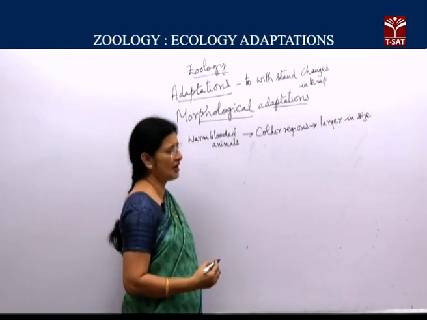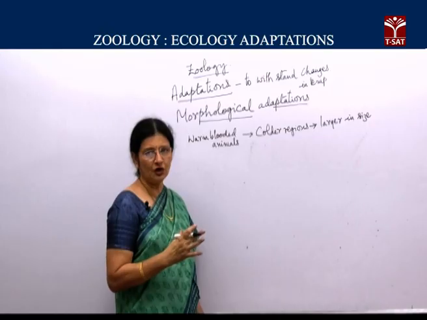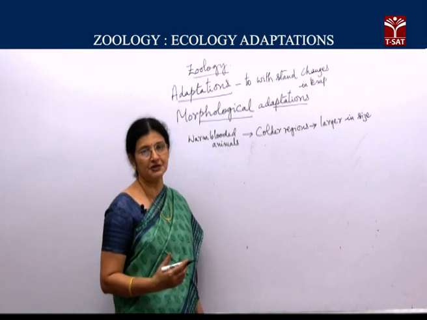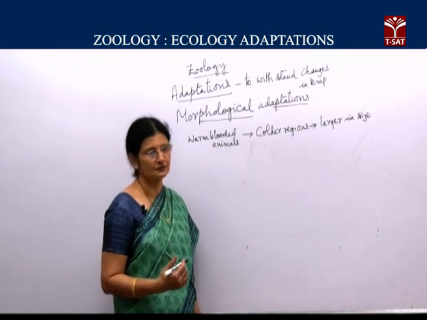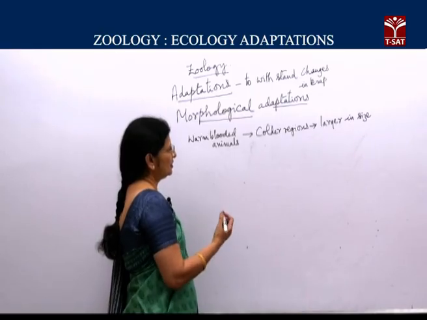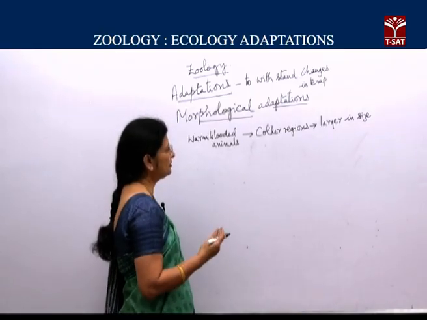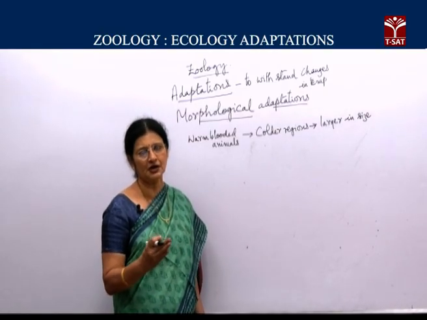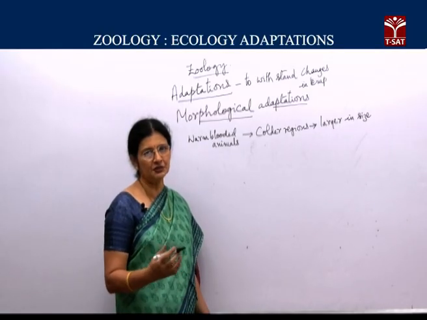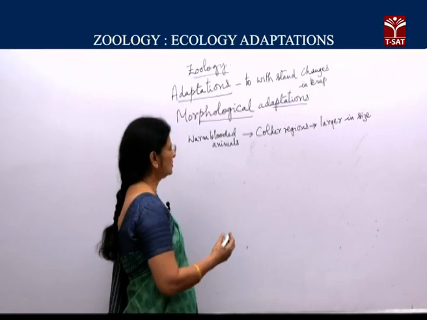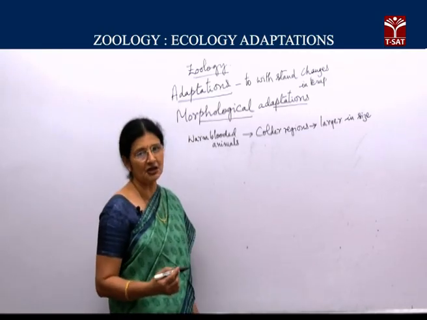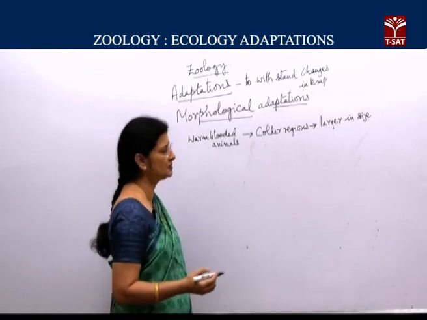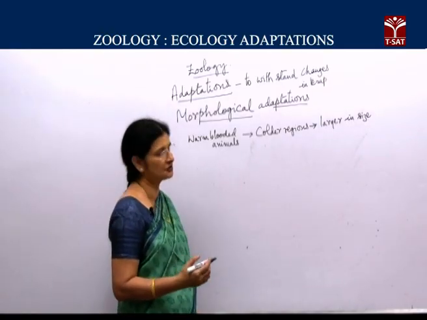When body size is larger, the volume is more, so tissues and body mass are more, and metabolic heat production is more. We can also explain relative to surface area: surface area increases 2-dimensionally, volume increases 3-dimensionally. So the ratio between surface area and volume is less in warm-blooded animals living in colder regions.